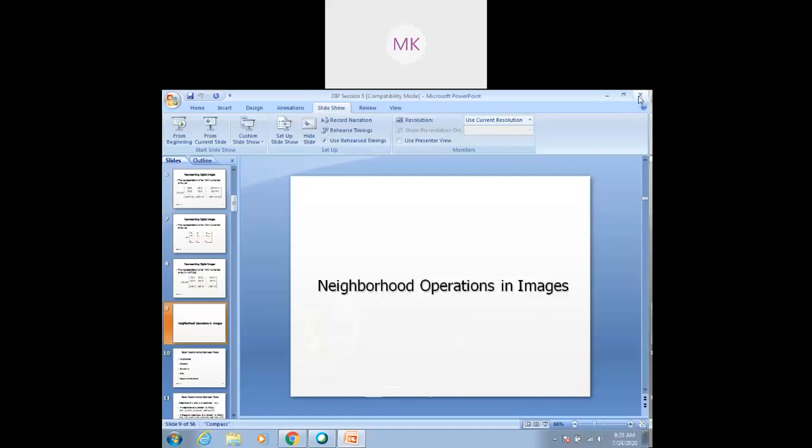These are the basic things involved in image processing techniques. Next we'll consider the basic principles, which include the relationship between pixels. An image is represented by f of x comma y, where x and y are the coordinates and f of x y is the function representing the image.